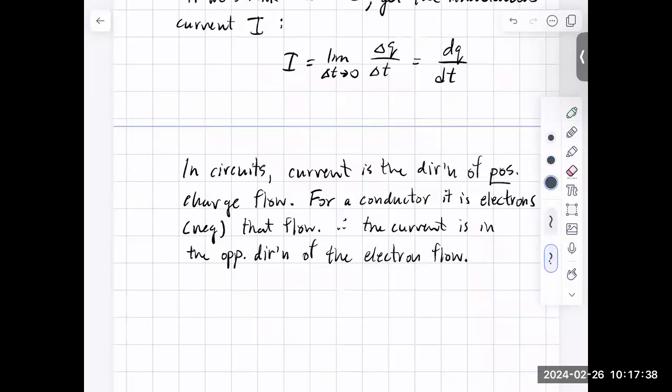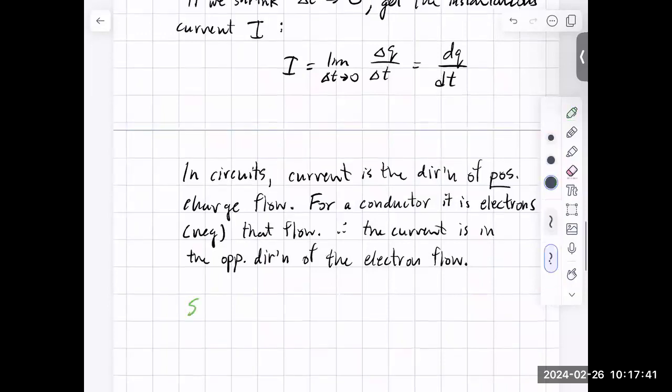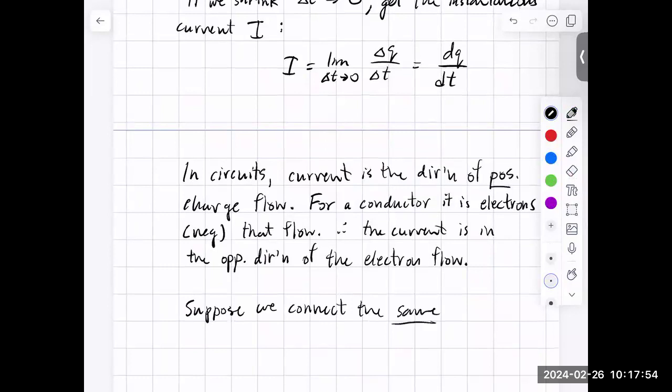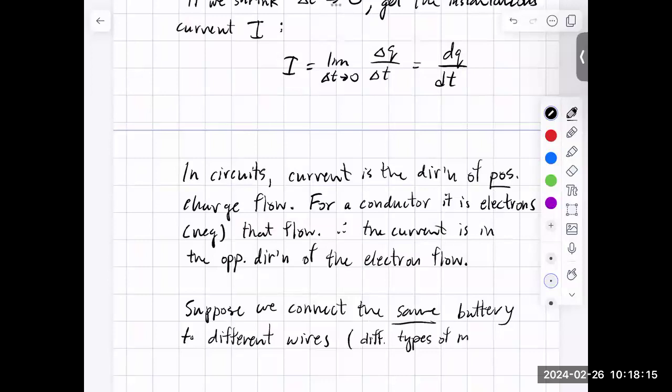So let's suppose, oh shoot, I want to change the color. Here we go. So let's suppose we connect the same battery, or the same voltage difference, to different wires. As I said, in the lab, all you're going to do is change the diameter of the wire. But in principle, you could have different types of materials: a copper wire, an aluminum wire, a lead wire or something like that.